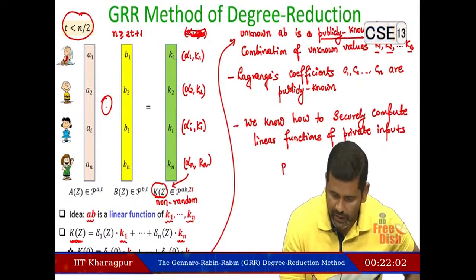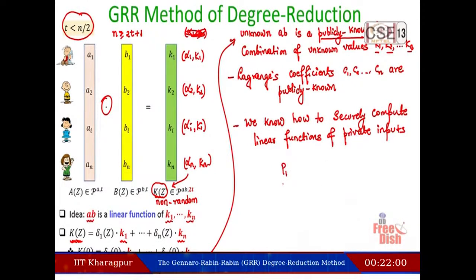We are considering a scenario where P1 has the value K1, P2 has the value K2, Pi has the value Ki, and Pn has the value Kn. In that sense, they are private inputs of the respective parties, and we know that this unknown AB can be expressed as this public linear function of these private inputs.